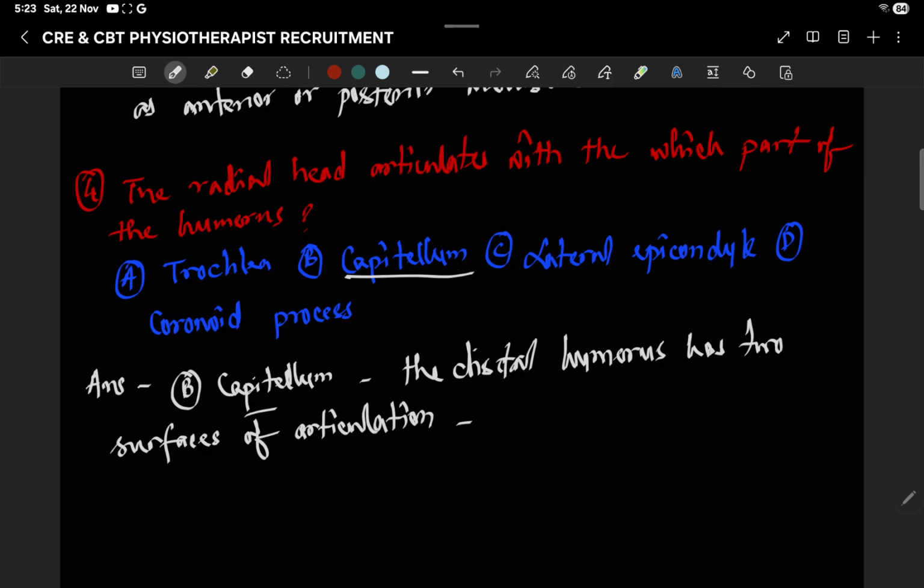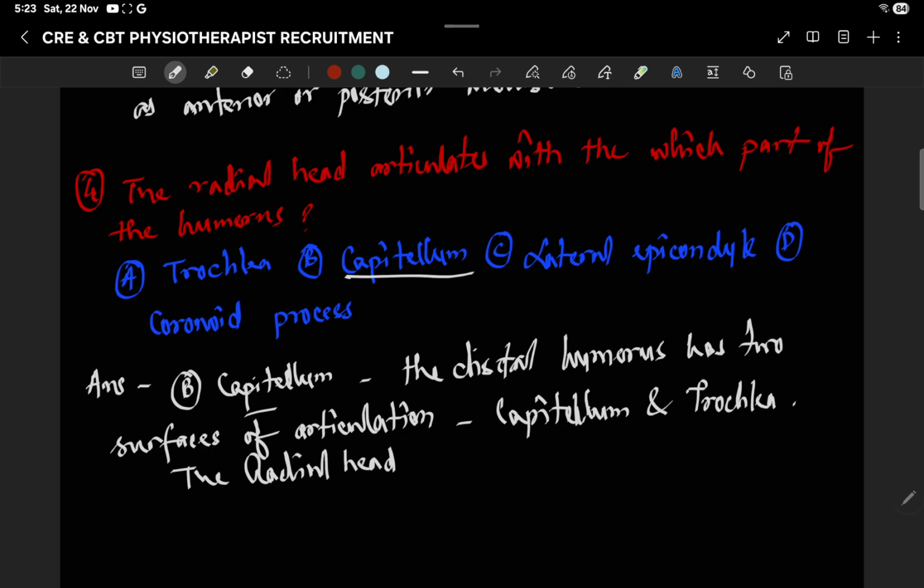One is the capitulum and the other is the trochlea.